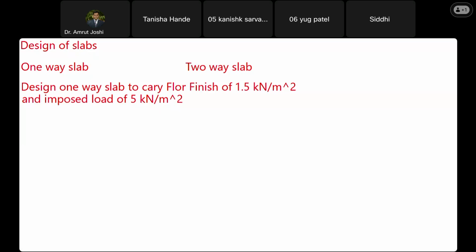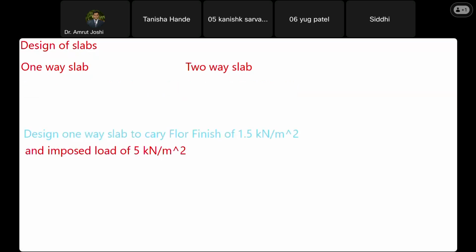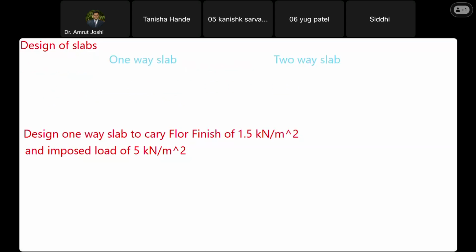Is it? Yes, sir. So let me list down now the conditions which are required to make this slab two-way slab. So for the slab to be two-way slab, it must be supported on all edges by beams. That is the first and prime most condition to be satisfied for a slab to be two-way slab.